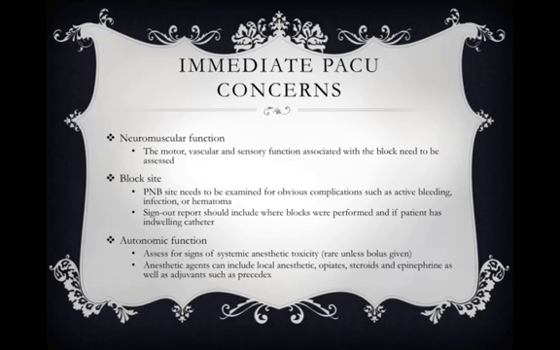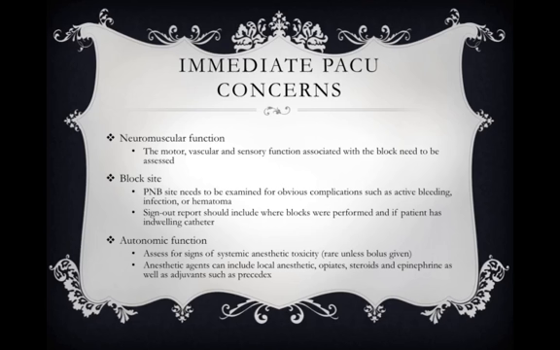So what are some immediate PACU concerns as these patients come directly from the OR and have the nerve block put in? So first you want to check the neuromuscular function. You want to make sure that the motor, vascular, and sensory function associated with the block are assessed and are either properly providing analgesia and have no other neurovascular compromise.